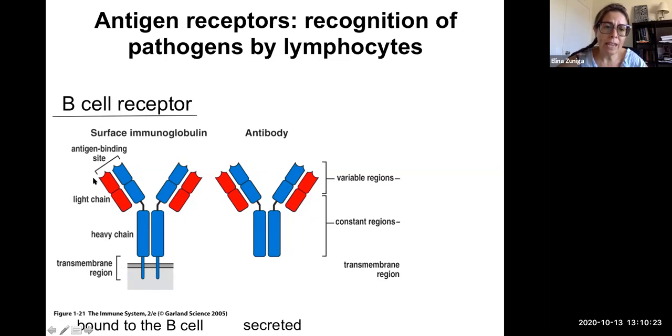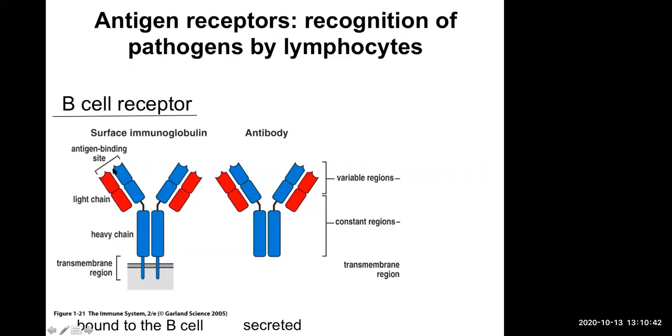And so the antigen binding site, and we will learn more about what an antigen is, but it's basically the ligand for this B cell receptor, will bind in this region that is constituted, as depicted here, by the light chain and the heavy chain, okay?